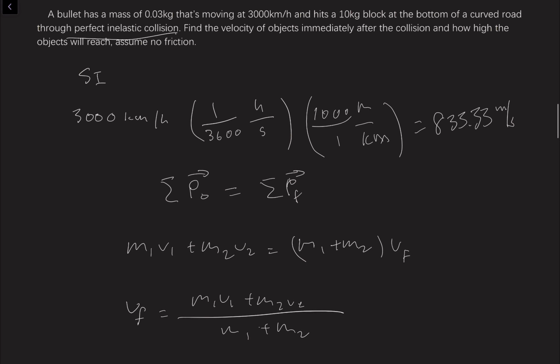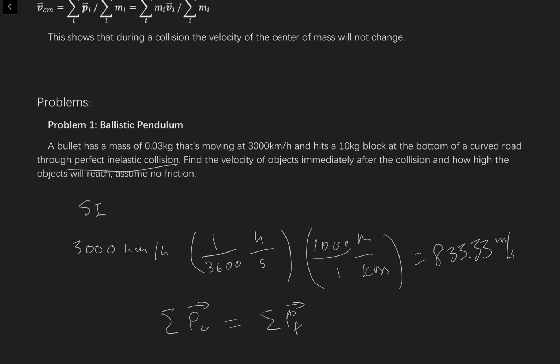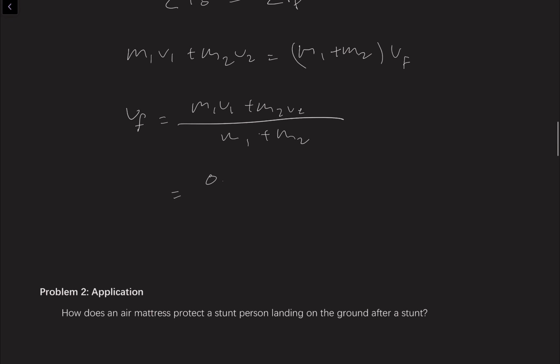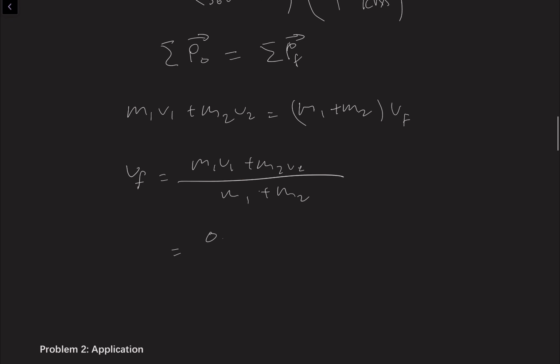Since the block starts at rest, this part is 0. So that's 0.03 times 833.33, divided by 0.03 plus 10. So that's 2.49 meters per second.